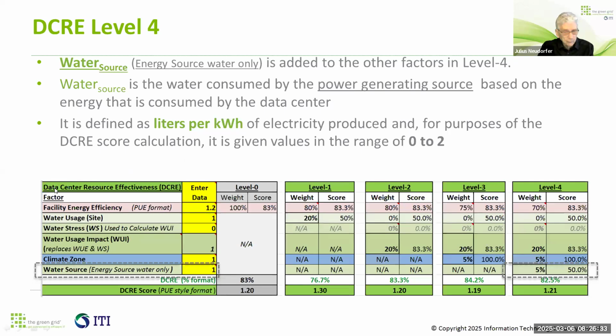But we feel there's enough core principles in this tool to say whether you're disclosing at level 1, 2, 3, or even 4, if you can find this information, it should be a guidepost for everyone's look towards what is my data center's impact to the community, what is the possibility of functioning in an environment that's water short. And therefore we can't change what the power plant is going to do because that's a decision that was made long ago and outside the scope of the data center. But now data centers are even thinking about having their own power generation sources. So you can see how that could be a real factor.